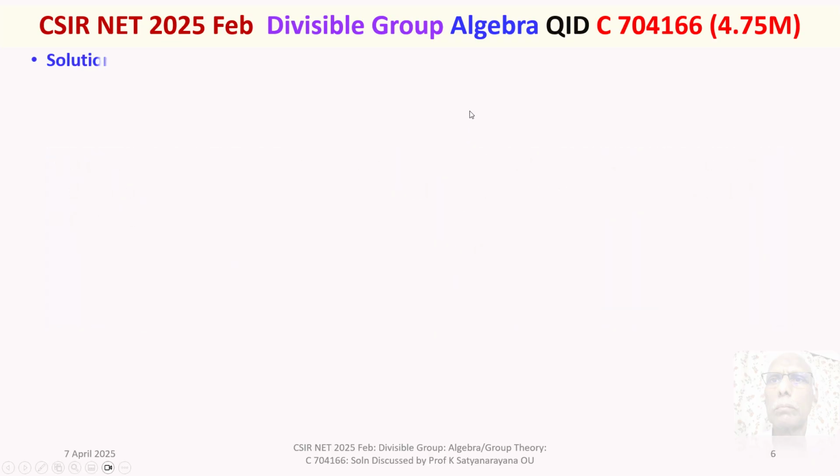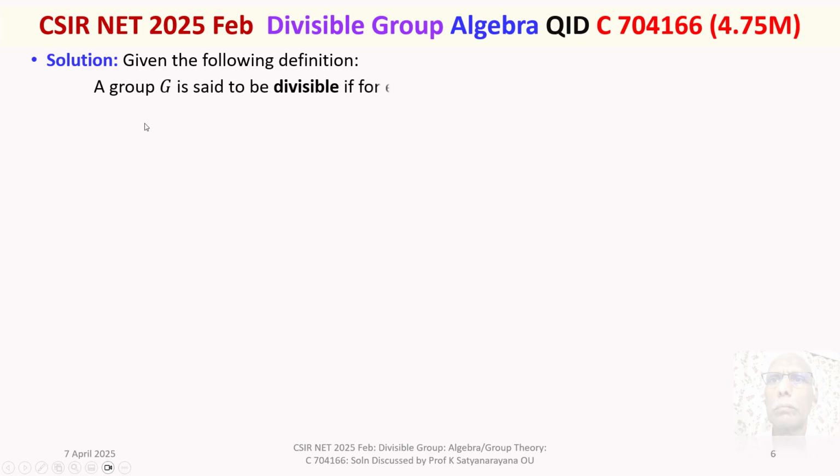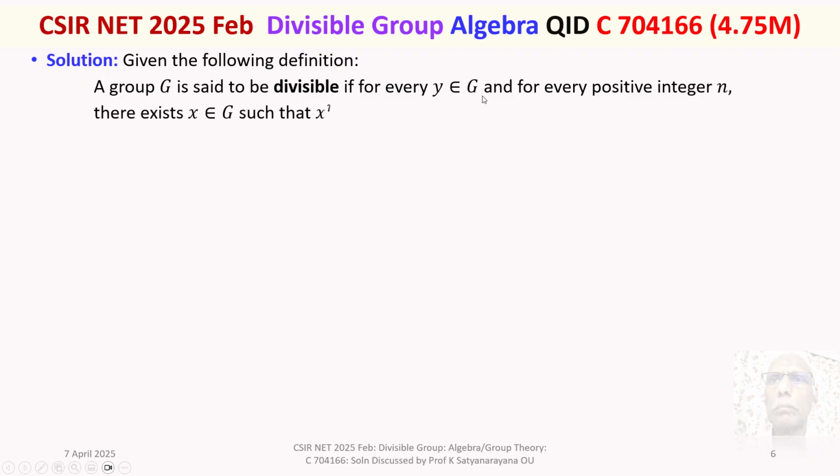Let's now discuss the solution of the problem in detail. We are given a definition of a divisible group. A group G is said to be divisible if for every y belongs to G and for every positive integer n, there exists an element x belongs to G such that x power n is equal to y.